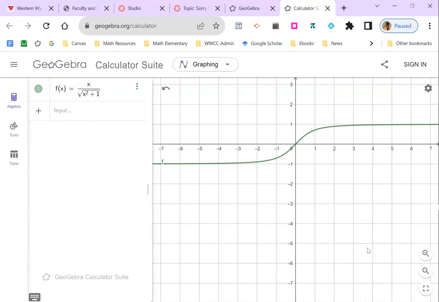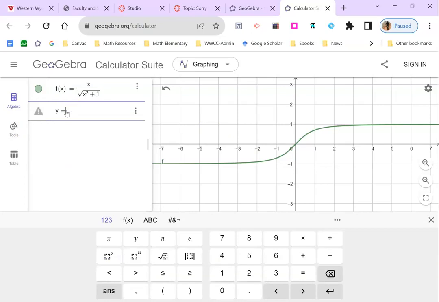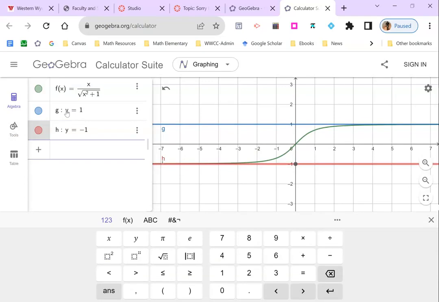Notice it's kind of leveling off there. What we're going to have here is what's called a horizontal asymptote. And then as we went to minus infinity, it looks like these function values are leveling off to negative 1. So let me add in those two lines here, and then we'll put in some definitions. We'll type in y equals 1 and y equals negative 1.